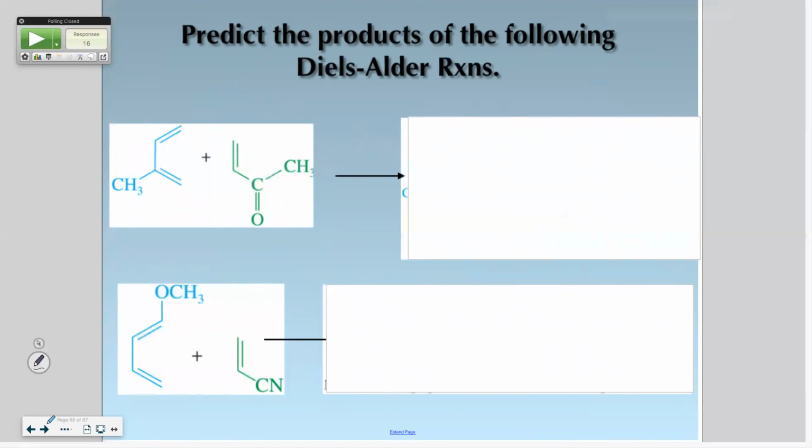So we'll look at this. Notice that in this one, the methyl groups are electron donating groups, okay? But they are not resonance. They're just stabilizing groups. Remember when we did primary, secondary, and tertiary carbocations? Which one was the most stable? Tertiary, okay?